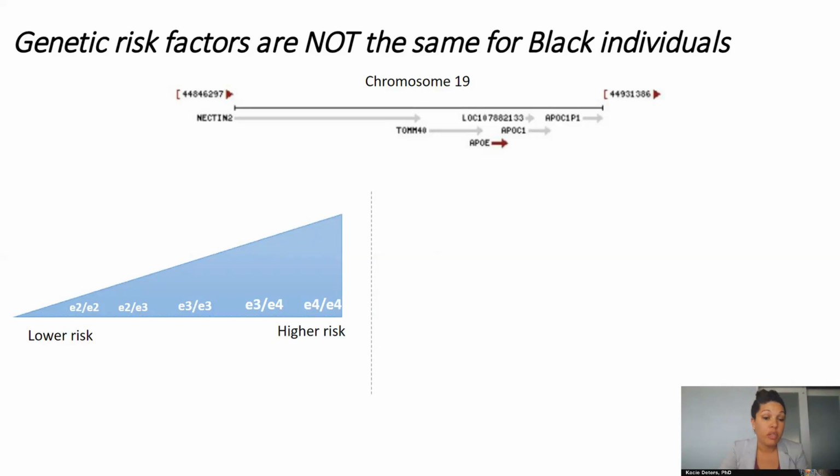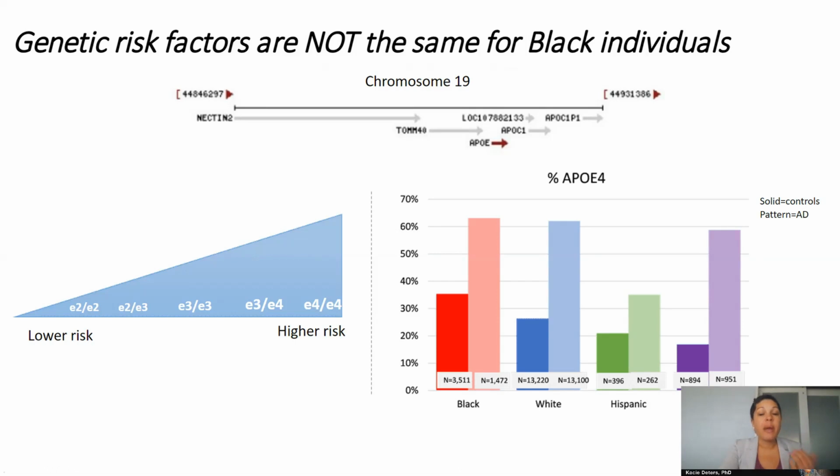E2 is associated with lower risk or may be thought to be protective against Alzheimer's disease. E3 is present in the general population, and E4 is associated with increased risk for cognitive impairment and Alzheimer's disease. And it does have a dose effect, so having two E4 alleles is associated with increased odds for Alzheimer's disease relative to having one E4 allele.